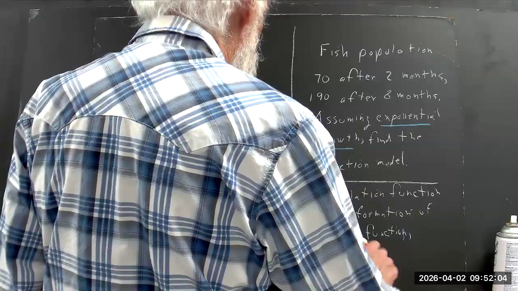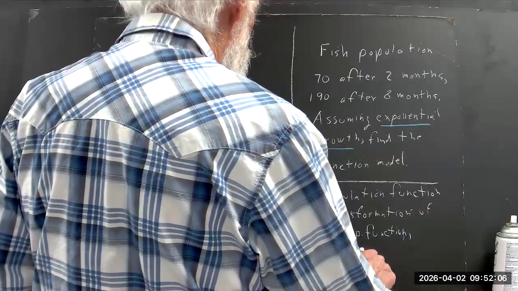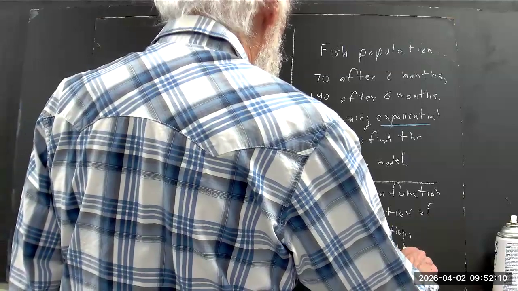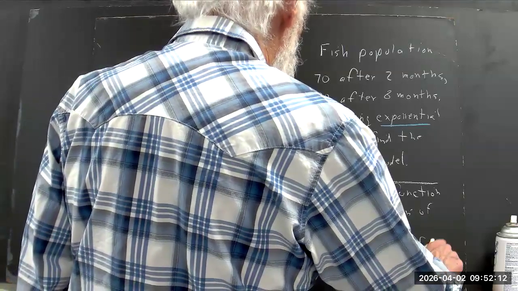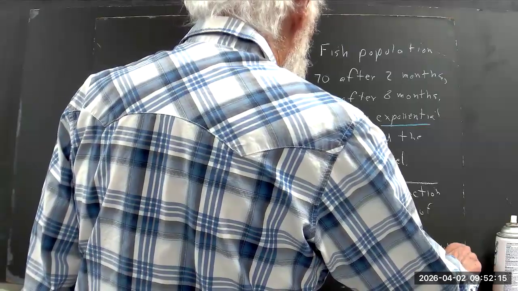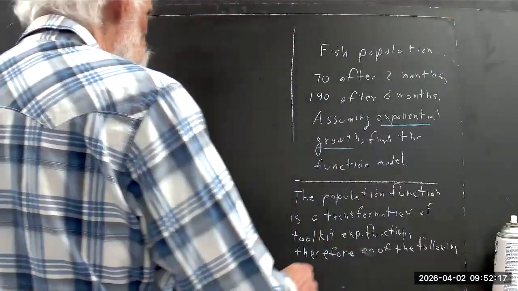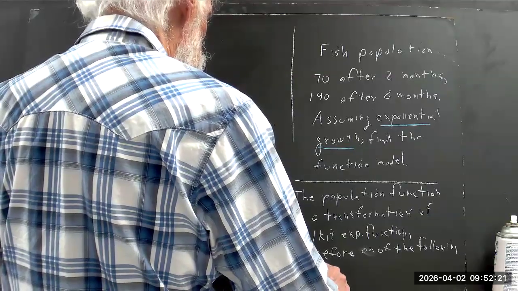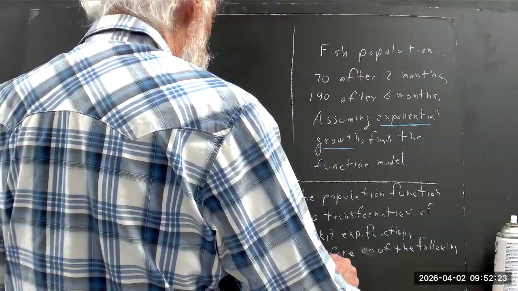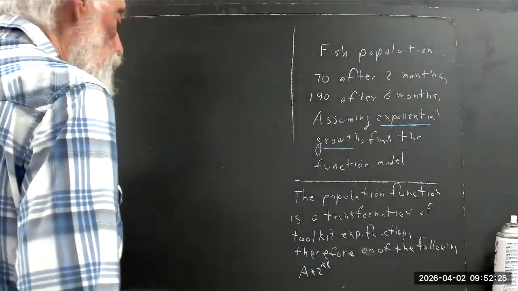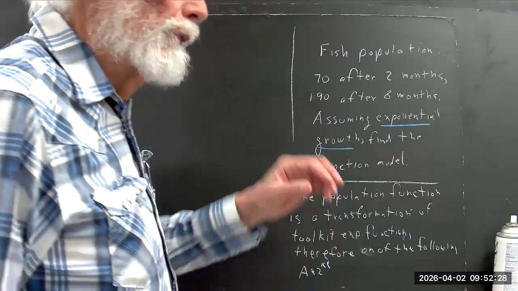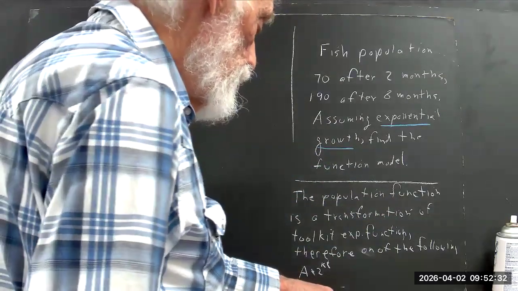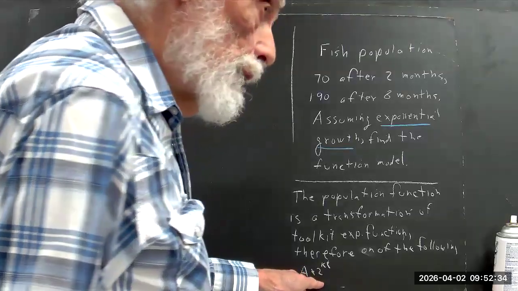Therefore, the following could be a times 2 to the kt, assuming that the 2 to the x function is your toolkit exponential function. And that is the function that I usually use.